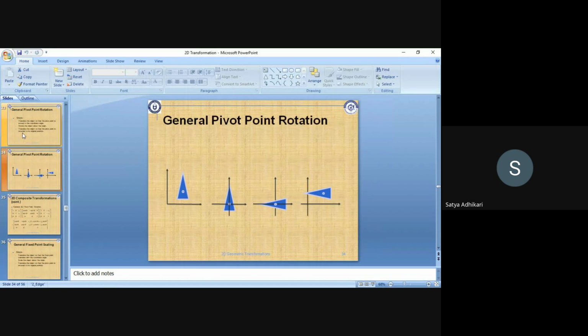In step 1, we made the translation from the pivot point to the origin. Now from the origin to the location of the original pivot point. You see. Now my work is done successfully. I have rotated with respect to that pivot point. That is, the pivot point is fixed. It is the same as its original position. You can compare the first one and the fourth one. The pivot point is fixed, but the object is rotated by the desired angle. Suppose 90 degree here.